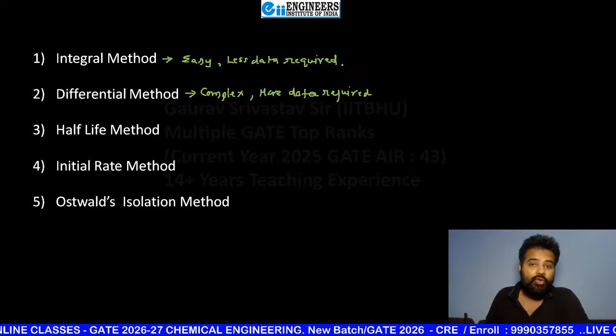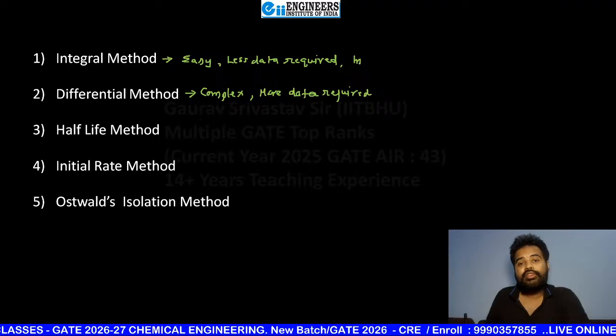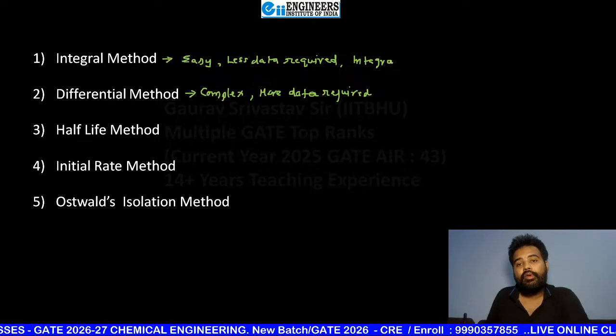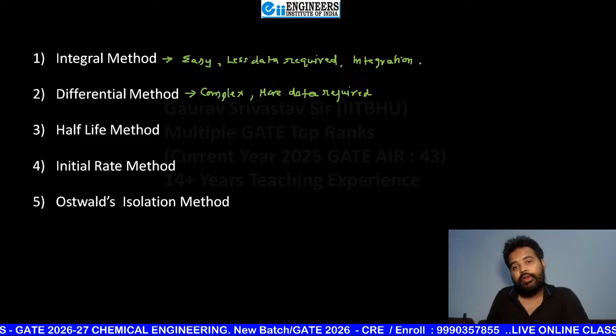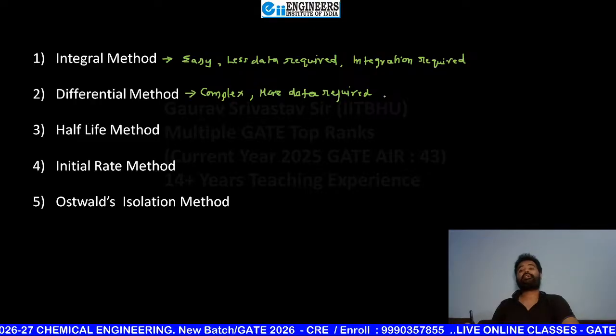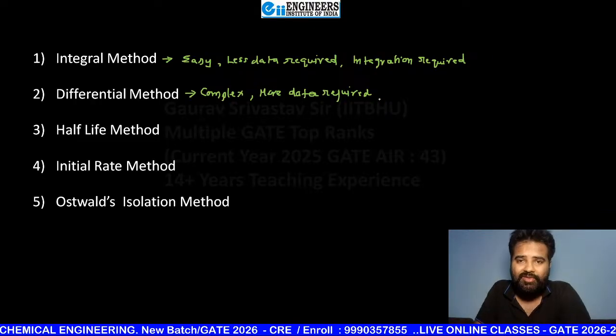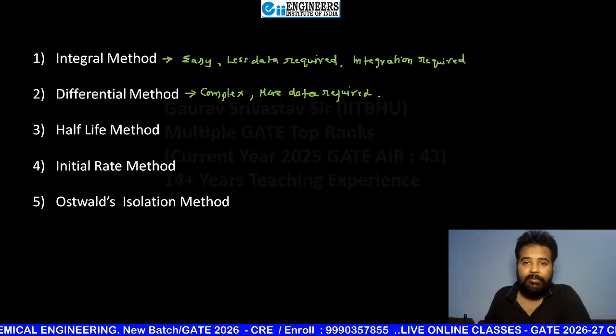Here, the problem you can say is you have to do integration. Integration required. If it is simple, then it is very very easy to perform. But if something like an order of 1.73 or some complex reactions are there, then it can take time.